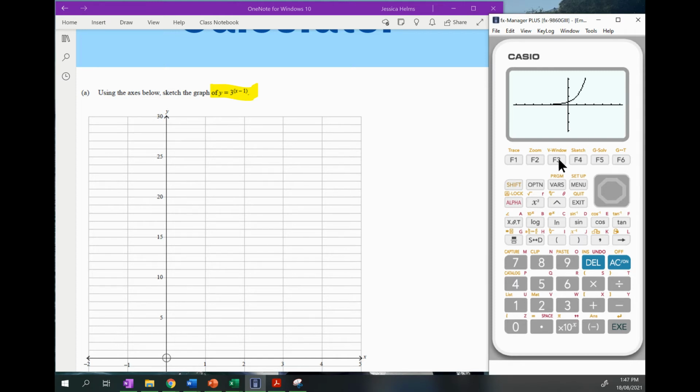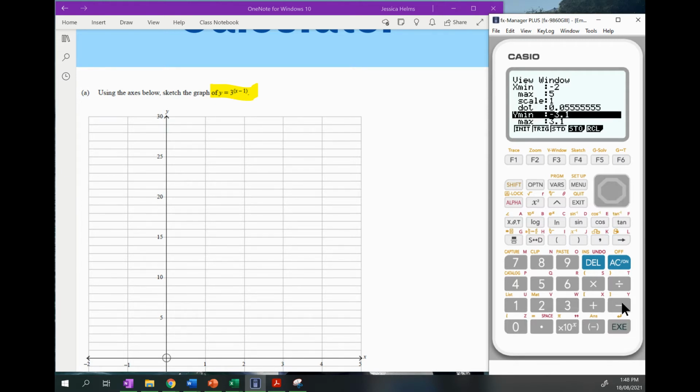Now, it should come up with something like that. If your window, or your view, is a little bit funny, go to F3 where it says view window on your actual calculator, and you can change these X minimums and maximums, that's like your scale, and you can change them to what's actually on our one here. Our minimum for X is -2, and our maximum for X is 5, so we can change it to that, execute, and then go down to the y.